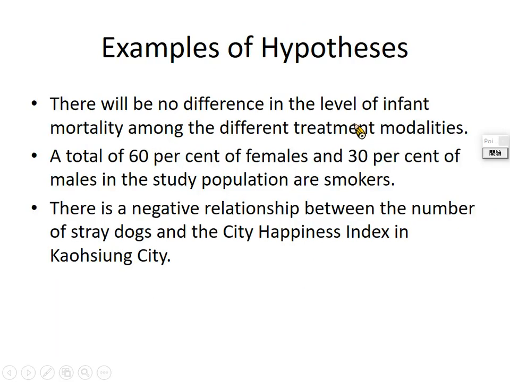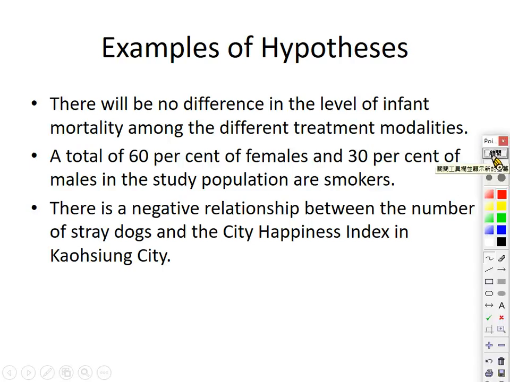There will be no difference in the level of infant mortality among the different treatment modalities. Wow, this is kind of intriguing, right? So let's look here. There will be no difference. Basically, there are two things: no difference in the level of infant mortality, first one, among the different treatment modalities, different models of treatment.